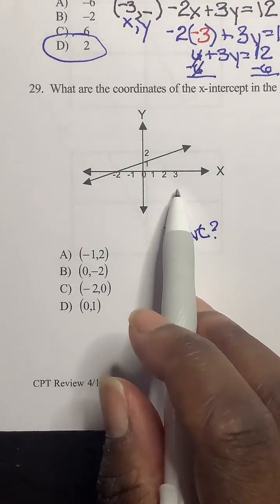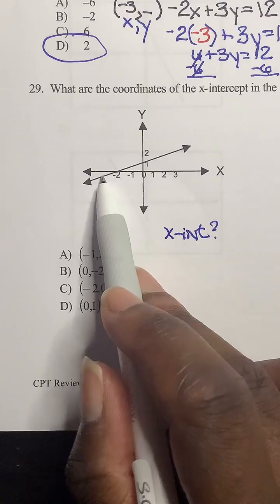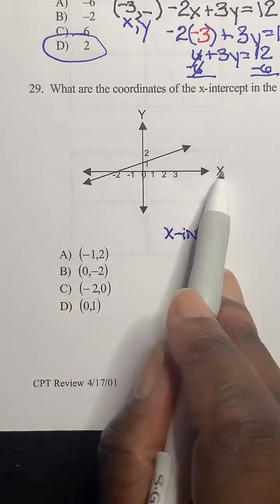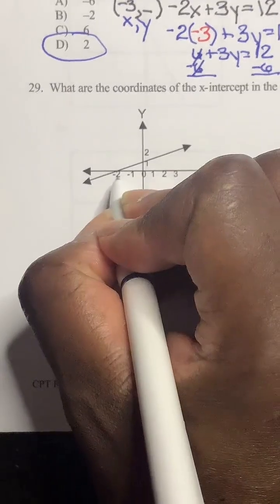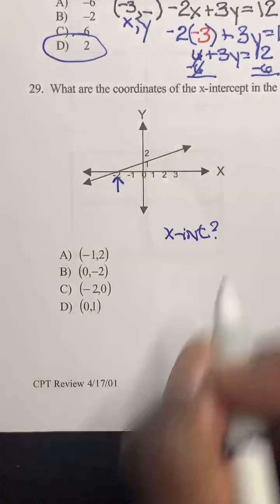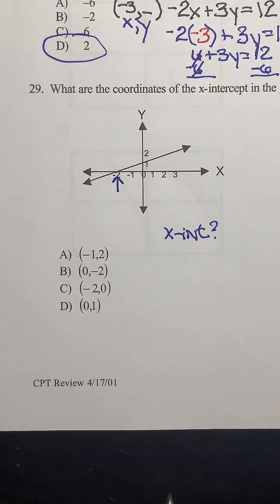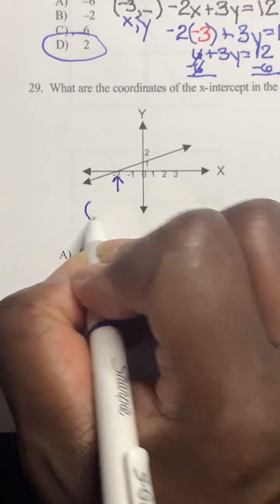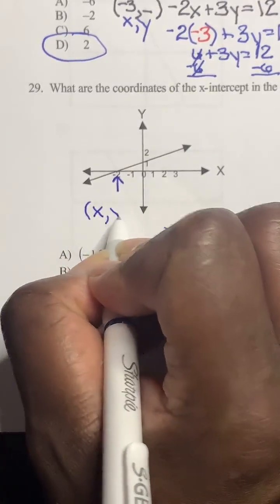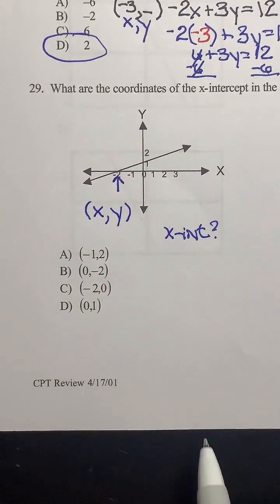Let's go. X-intercept is where your line crosses the x-axis. So it's crossing right here at -2. Now remember, when you do order pairs, it's your x value, then your y value.